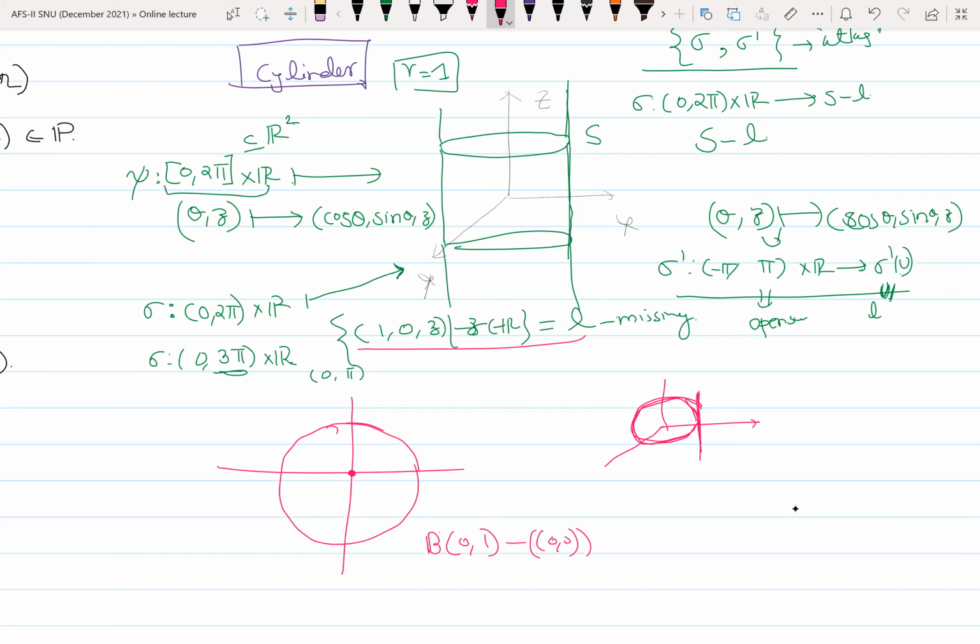So now here also we have a circle and we have these open lines, because I removed 0, so I'll have a lot of these rays, as many as the lines you can have here.